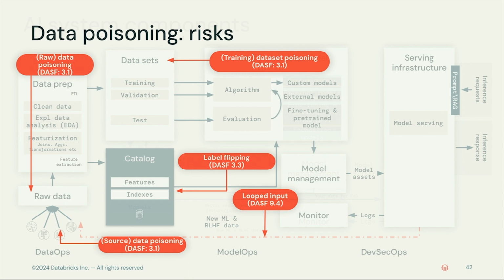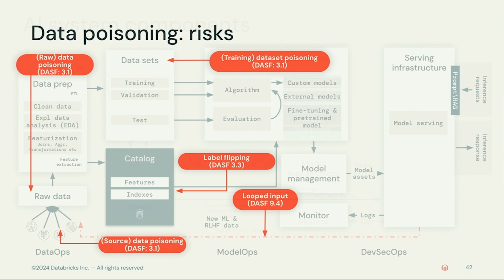It can be on the raw data, or it can be the labels that you prepared, and it can be on the training data set that's about to go into your ML, or it can even be the feedback loop, which they can attack by messing with your ML inference system, giving thumbs up, thumbs down, and making the model think that what it is inferring is wrong, and at some point it will change its mind, right? Because there is a persistent attack on the model inferences with negative feedback, right?